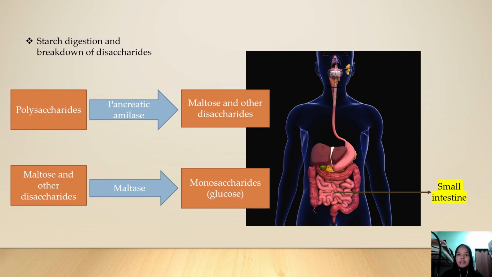Then, the digestion of carbohydrate is completed by the enzyme attached to the brush border of the small intestine villi. The enzyme is maltase. Maltase breaks down maltose into glucose. Glucose is the final product of the digestion of the starch.